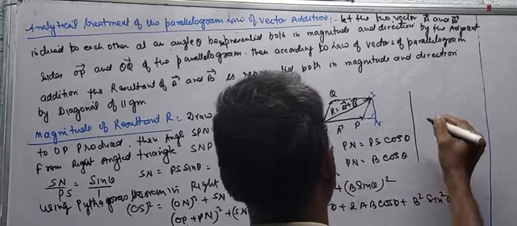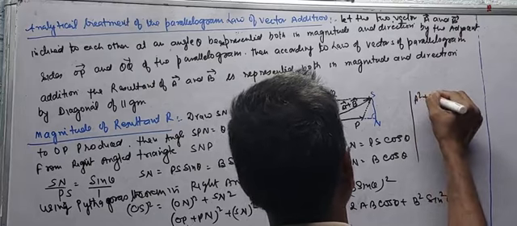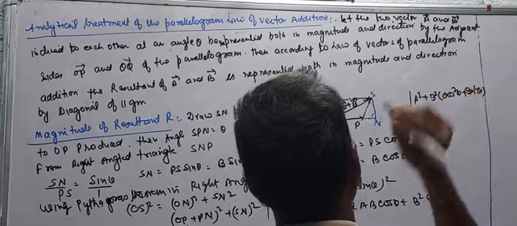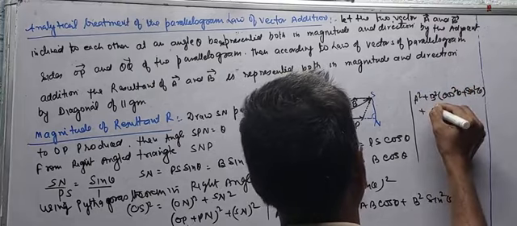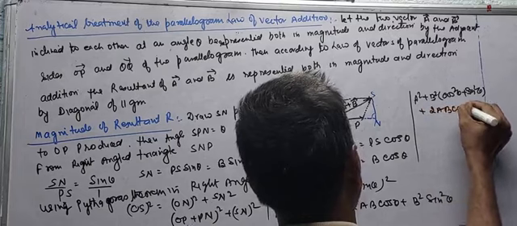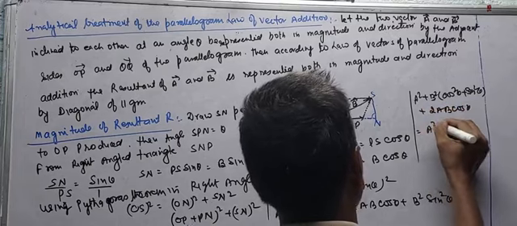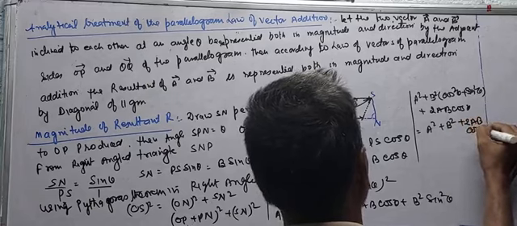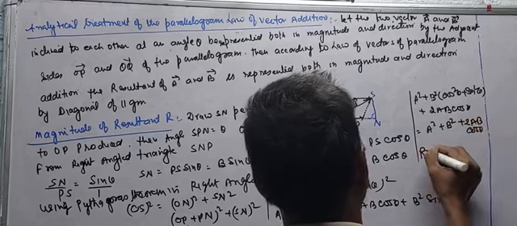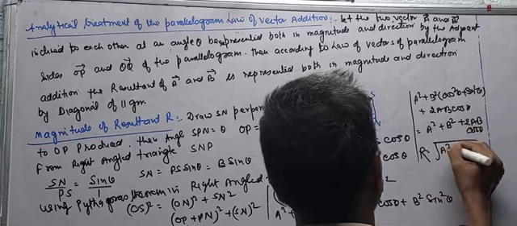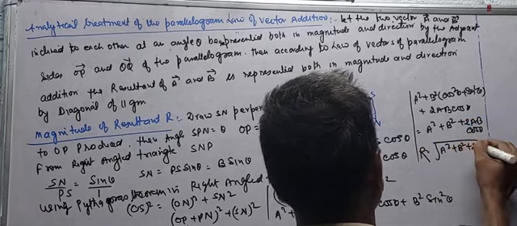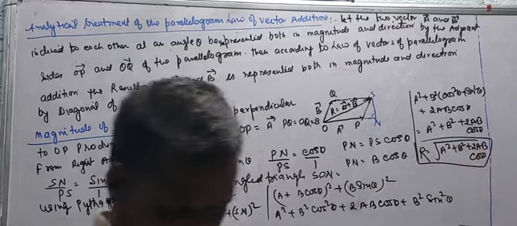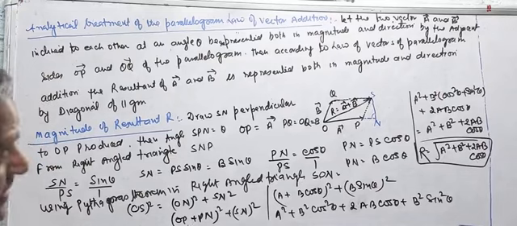Then it becomes A square plus B square (cos square theta plus sin square theta) plus 2AB cos theta. It becomes A square plus B square plus 2AB cos theta. The resultant vector R squared becomes A square plus B square plus 2AB cos theta.